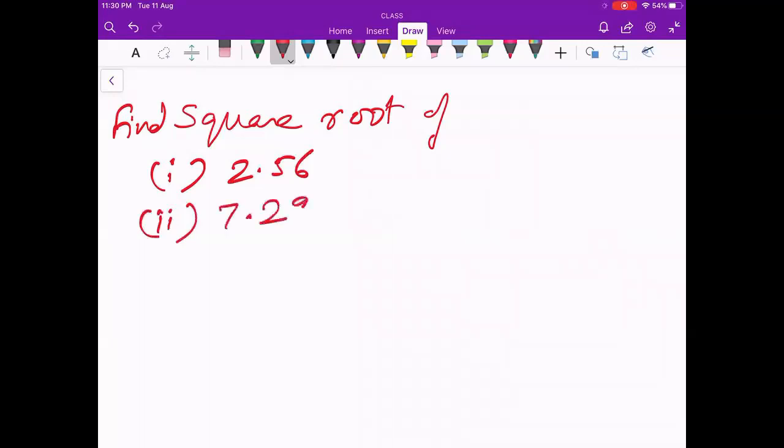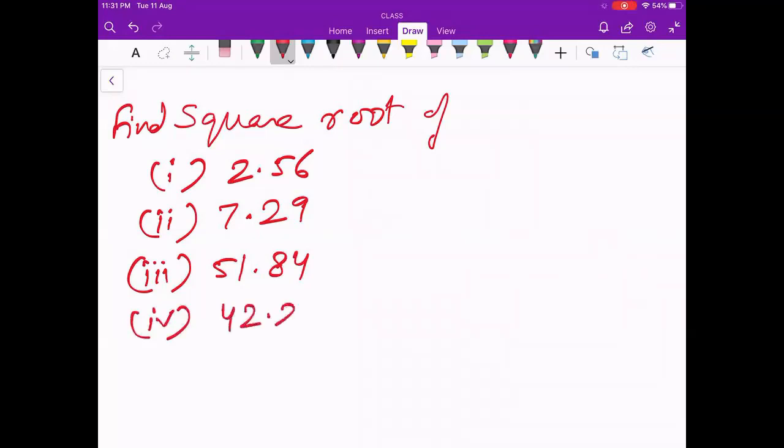Second is 7.29. Third is 51.84. Fourth is 42.25. Fifth is 31.36. Okay, I will give you a hint. The hint is that remainder in all these parts will come out to be 0. That is a big hint for you.